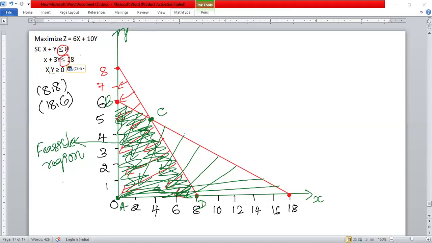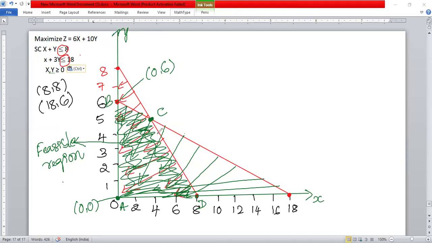Okay, the first corner point A is 0, 0. And the B corner point touches only the y-axis, that is 0, 6. So let me see the first one. The points coincide here, and we are able to identify them. So equation 1 is x plus y is equal to 8.